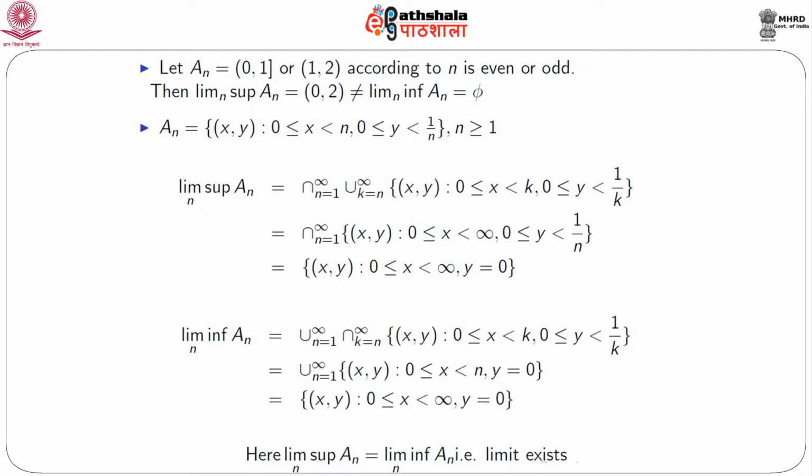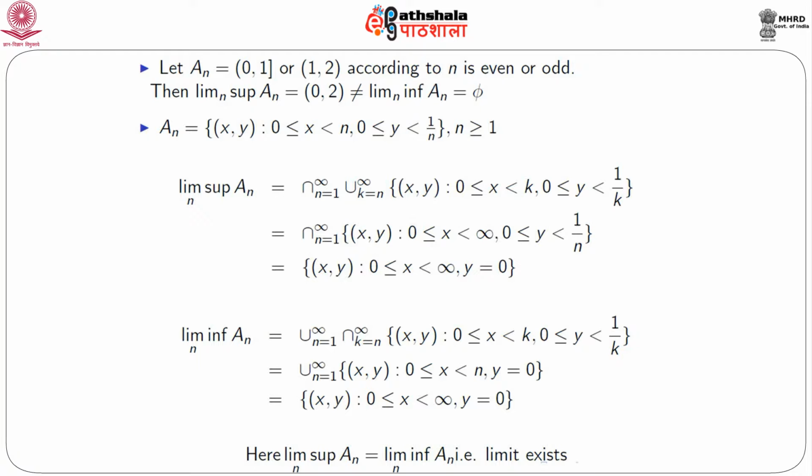Take the first example. Suppose A_n is defined as (0,1) or (1,2) according to whether n is even or odd. That means if n is 1, that is an odd number, then it is (0,1). If n is 2, that is an even number, then it is (1,2). Now, going back to the definition of lim sup, the first thing you have to take is the union over k from n to infinity of A_k.